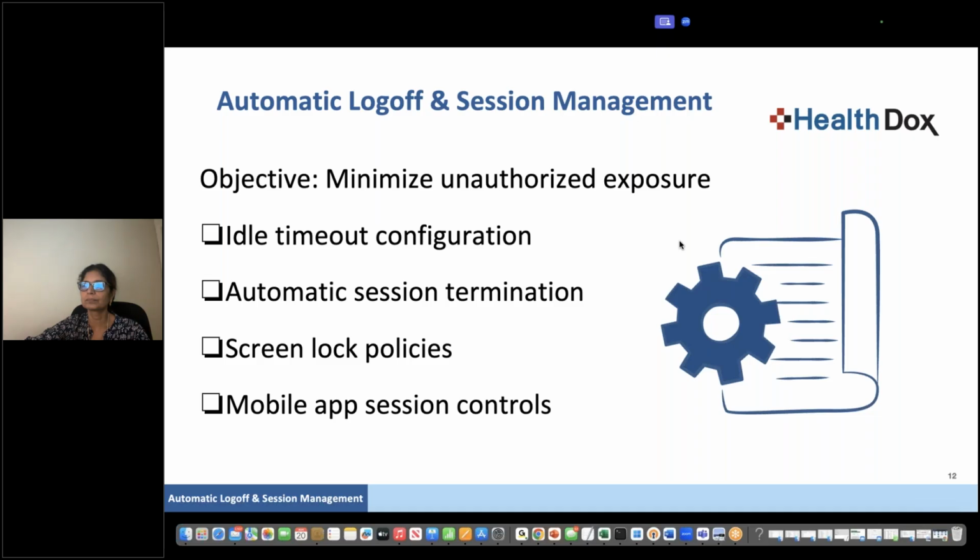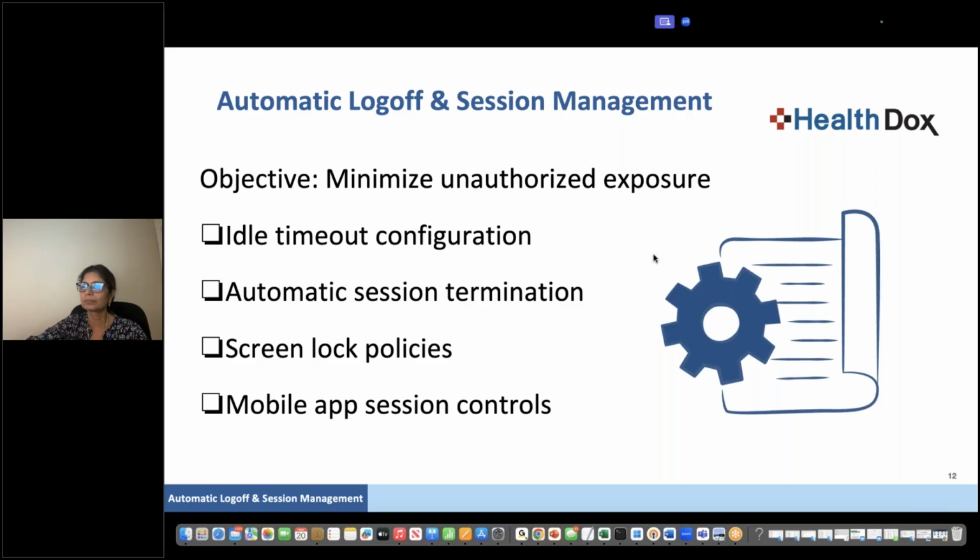Set up automatic log off for all the users in the organization so that it prevents unauthorized access. Okay, then what is session management? Session management ensures that access is tied to a defined time or defined activity, which reduces the risk of abandoned sessions being misused.